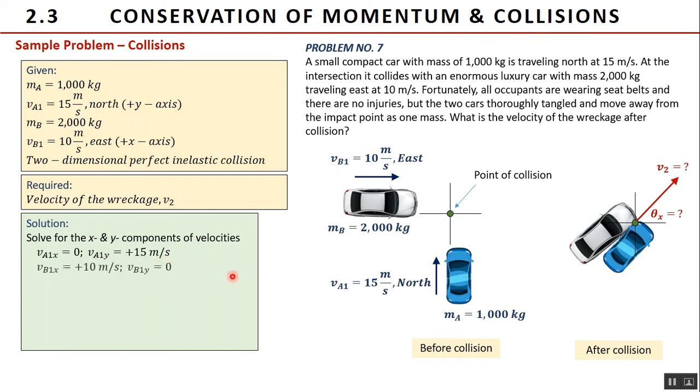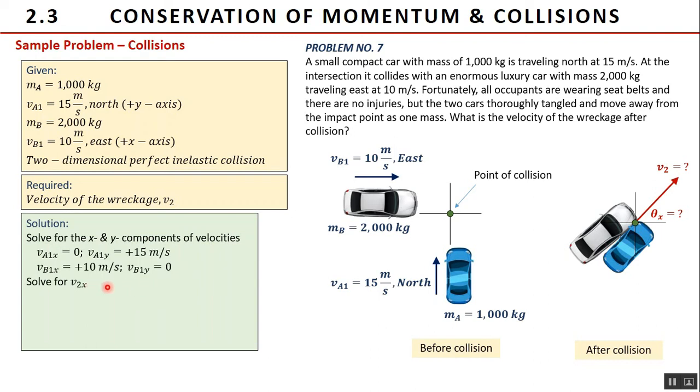For the x and y components of VB1, again by observation, VB1x is equal to positive 10 meters per second, since car B is purely moving on the x-axis, while the y component, VB1y, is 0. After solving for the components of the velocities, we are now ready to solve for the x and y components of the final velocity, v sub 2.